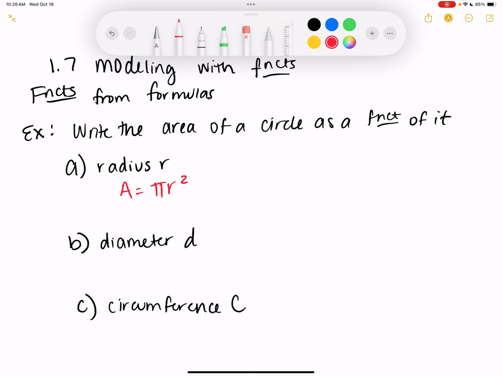So basically d is equal to 2r. If I need it with respect to d, r is going to be equal to d over 2. So area is equal to pi times r, which is d over 2, squared.